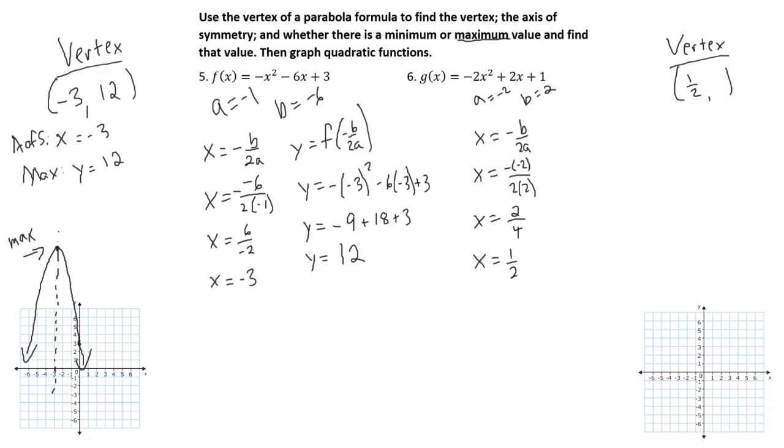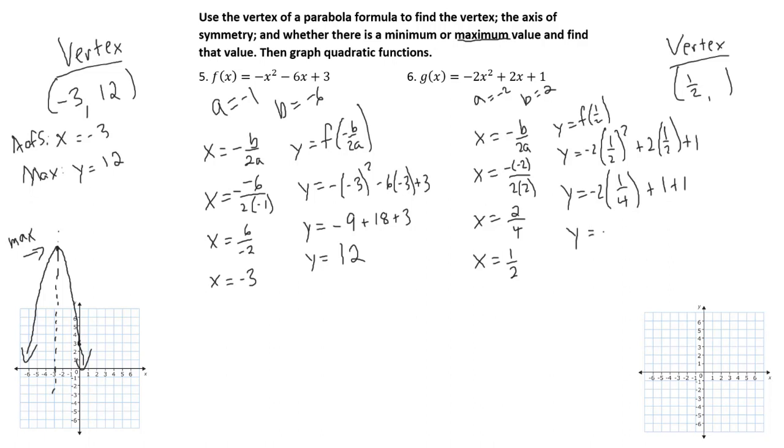And so now we plug in that 1/2, and we get y equaling f of 1/2. And so y equals -2 times (1/2) squared plus 2 times 1/2 plus 1. So y equals -2 times 1/4 plus 1 plus 1.